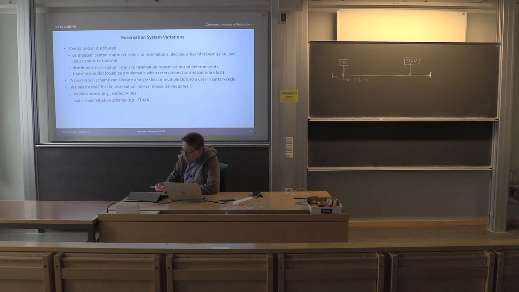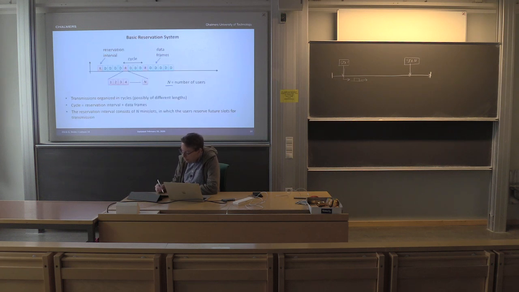It could be, for instance, that we have 10 users, and then user number 2, 4, and N said, I have a frame to transmit, and then user number 2 transmits in this slot, user number 4 in this slot, and user number N in this slot.